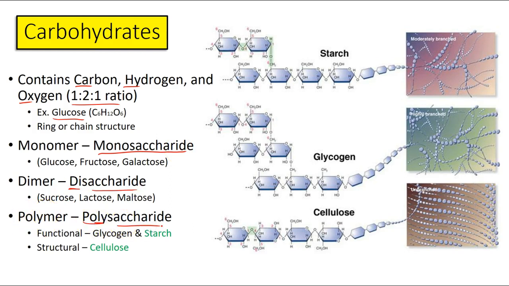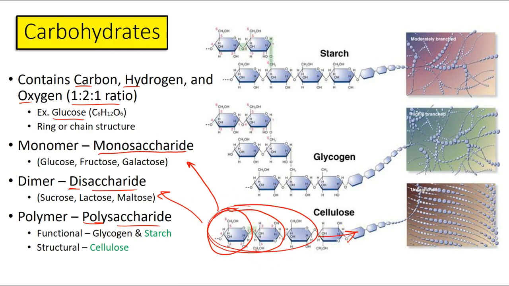So you have a single sugar, a double sugar, and a multiple sugar. And when I'm saying single, double, or multiple, I'm talking about the number of rings. So if this ring right here by itself was a standalone molecule, it would be a monosaccharide. The minute we add 2, it becomes a disaccharide. And then when we have 3 or more, it becomes a polysaccharide.